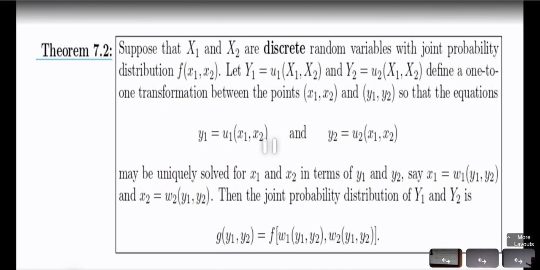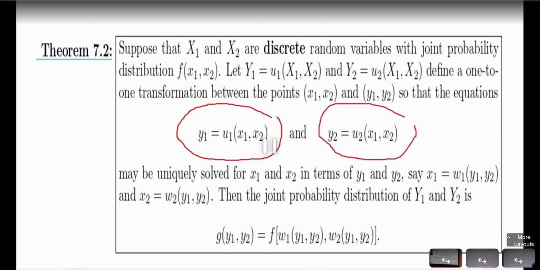And what I'm seeking to get, I may want to get the distribution of Y1 and Y2. Now, if I want to get the distribution of Y1 and Y2, I need to first. What is my Y1? This is my Y1, a function of X1 and X2, and Y2 is a function of that.